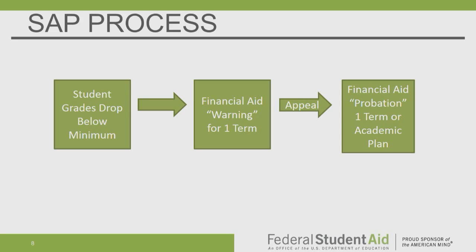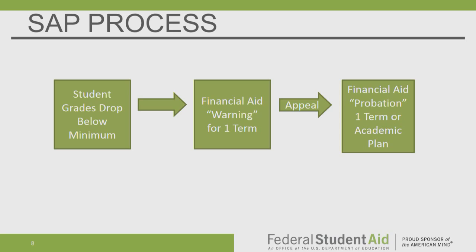If the appeal is approved, then the student will go on probation or the academic plan, either one, whatever you choose. Okay, and at that point, probation would go one term, and if the student didn't make eligibility after that, they lose eligibility. If they make eligibility after that, then they go back to the standard process, right?